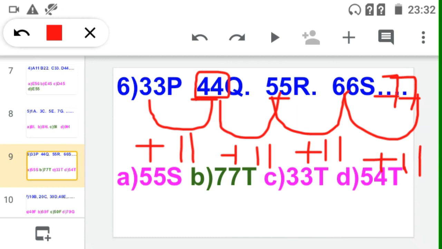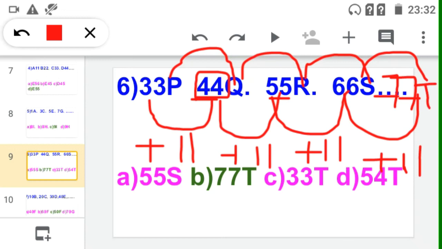Then 77. After this number, see the alphabet now. After P there is a Q, then after Q there is an R, then after R there is an S, then after S which alphabet should come in the fifth term? Yes, after S, T should be there. Correct.